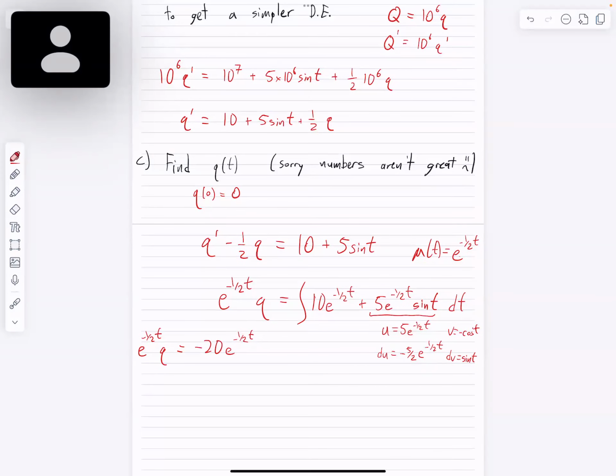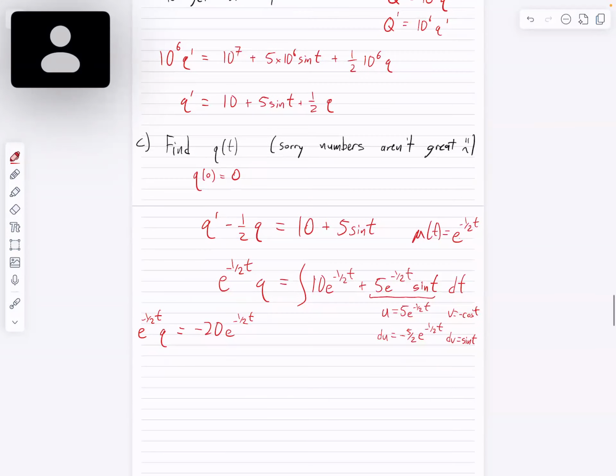So what does that all equal? -5 e to the -1/2 t cosine t minus minus, so that's just going to be plus 5/2 e to the -1/2 t cosine t.